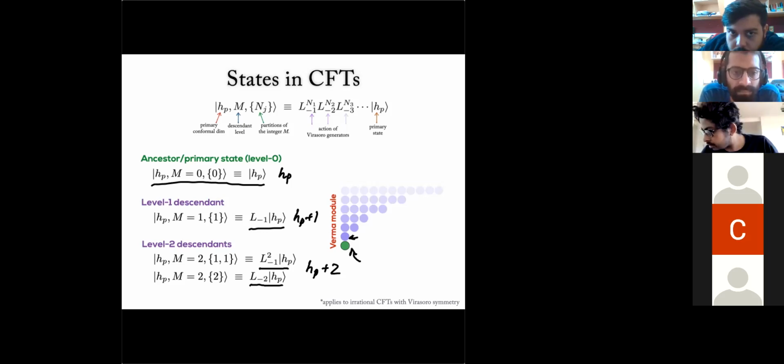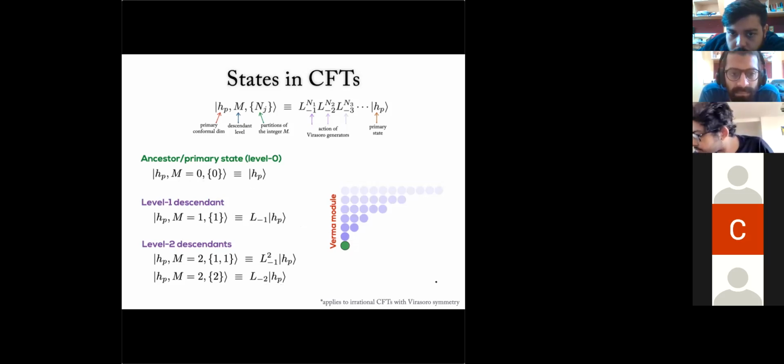And then at level 3, which is this over here, you can do it in 3 ways. You can do L_{-1} cubed on h_P, you can do L_{-2} L_{-1} on h_P, and then L_{-3} on h_P. Okay, that's what you can do.